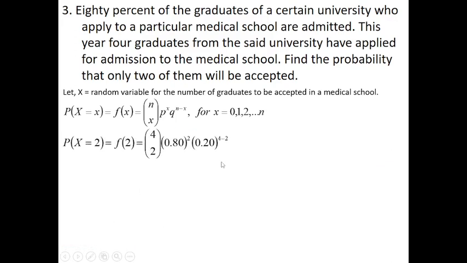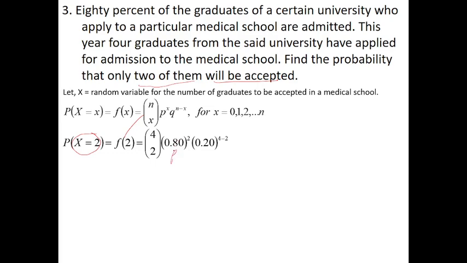So, here's the solution. So, x is equals to 2. No? Kasi sabi dito, only 2 of them will be admitted. Find the probability that only 2 of them will be admitted. So, x equals to 2. And that is f of 2. So, we have the combination of 4 graduates taken 2 graduates at a time. Multiplied by 0.80. Probability of success.